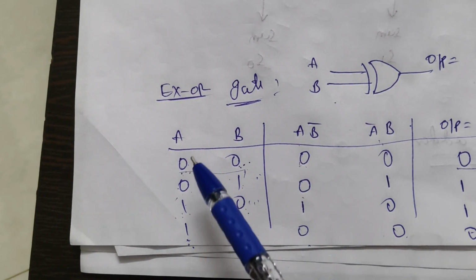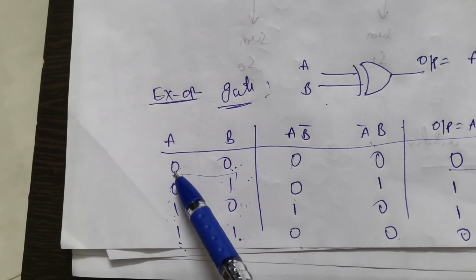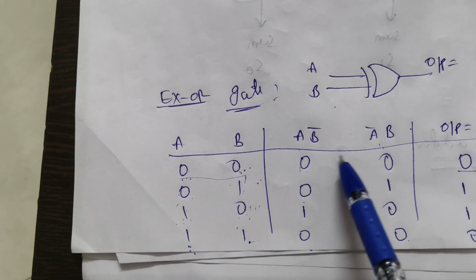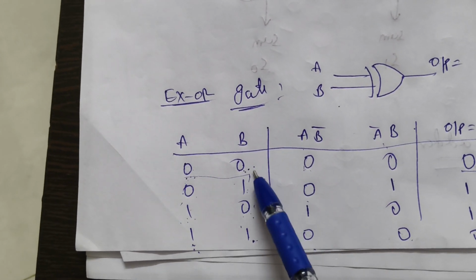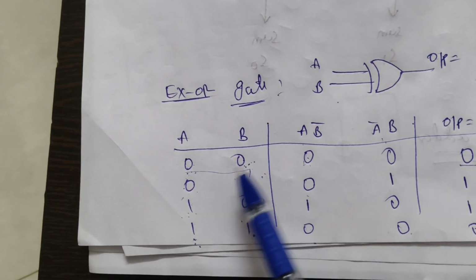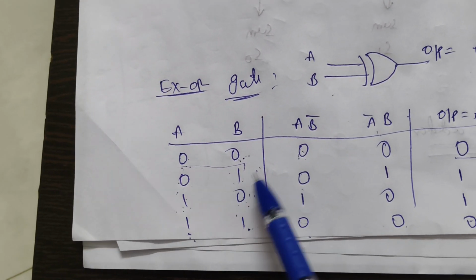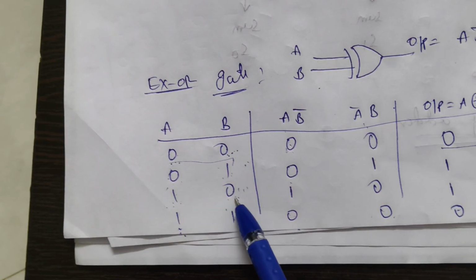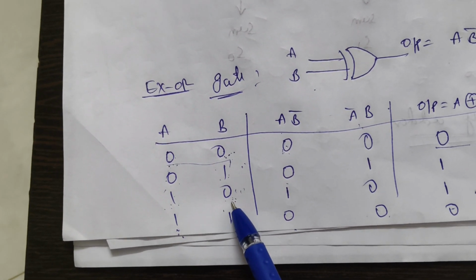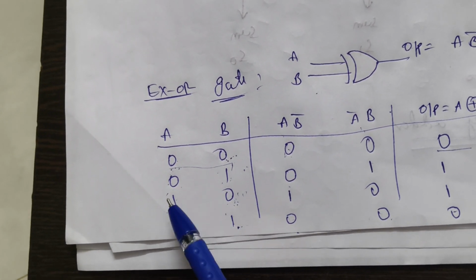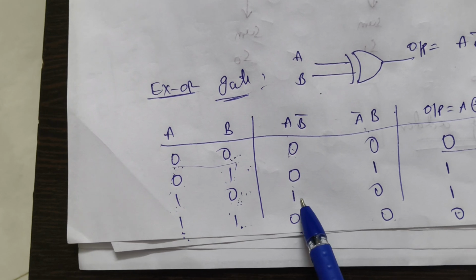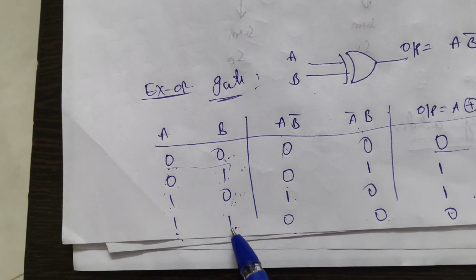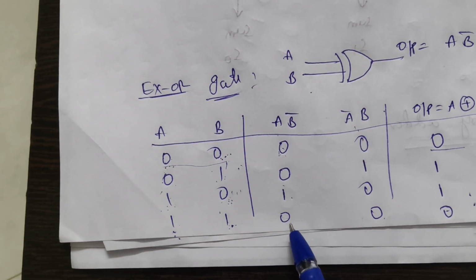Multiplying this B bar with the A value: if A is 0, whatever the B value, it becomes 0, so 0, 0. Then A is 1 and B bar is 1, so 1 into 1 becomes 1. Similarly, A is 1 and B bar is 0, so 1 into 0 becomes 0.